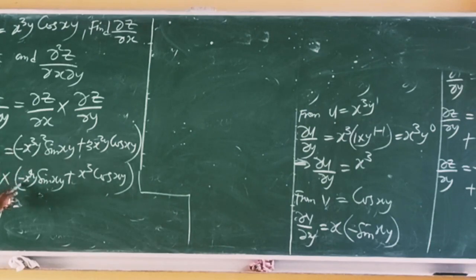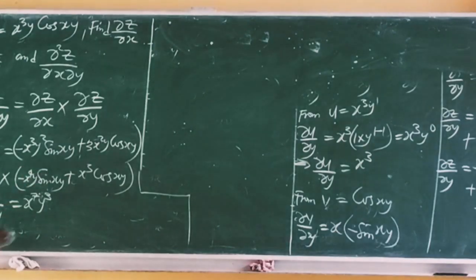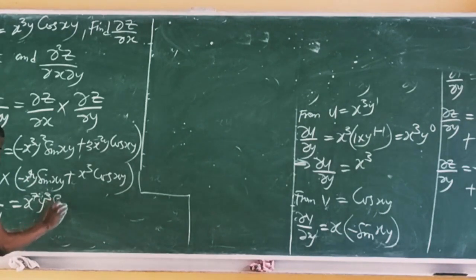Minus minus becomes plus. This x cubed times x to the 4, that's going to give us x to the 7, 4 plus 3. So you have x to the 7. This is y squared times y, that's just power 1, so 1 plus 2 is equal to 3. This is y cubed. And sine xy times sine xy will give us sine squared xy.